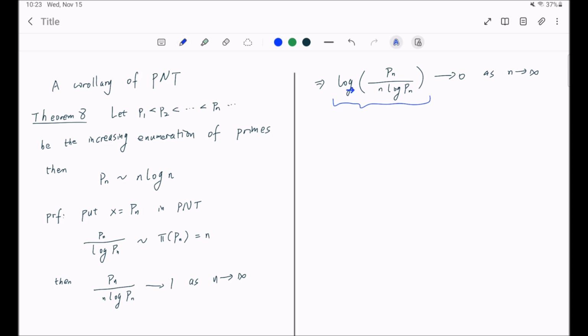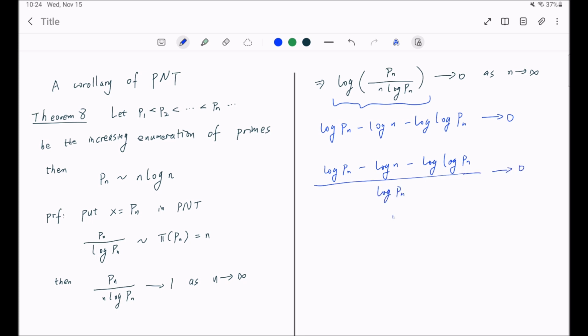But if we break this down and we divide both sides by log of p sub n, it still goes to 0 and it simplifies to, and this guy will go to 0 as p sub n goes to infinity, because there are infinitely many primes. So it follows that this part converges to 1, namely log of n divided by log of p sub n converges to 1.